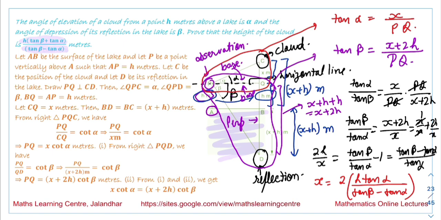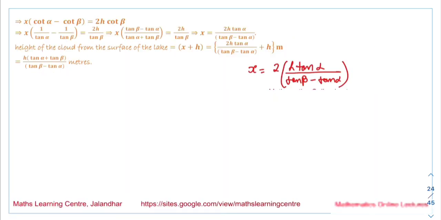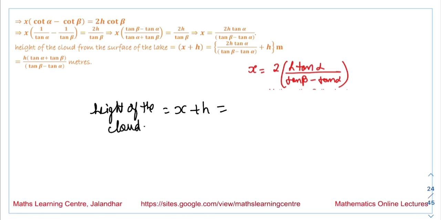Now we move on to our next slide. This is the value of x that we have. Now the height of this cloud is x plus h. This is the height of the cloud. So the answer we get is h plus 2h tan alpha over tan beta minus tan alpha.